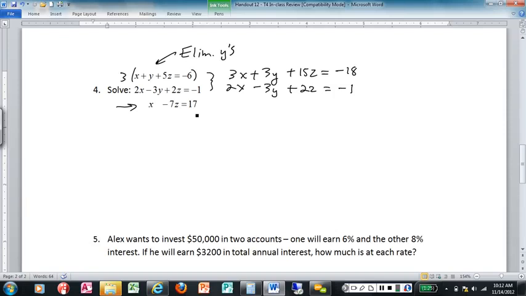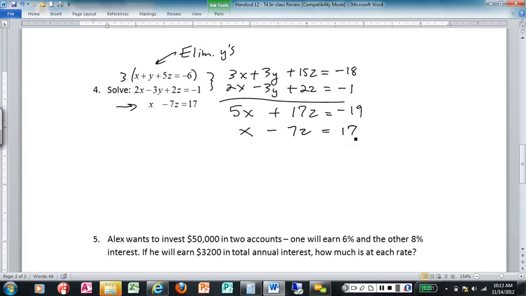It doesn't have a y in it. All right, well, that gets me what? 5x plus 17z equals negative 19. And so put that with the x minus 7z equals 17.